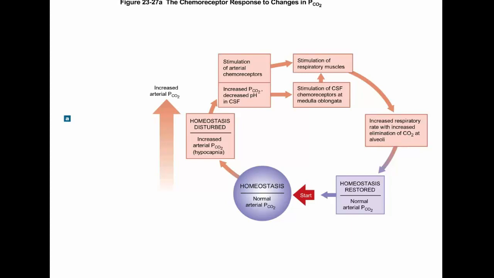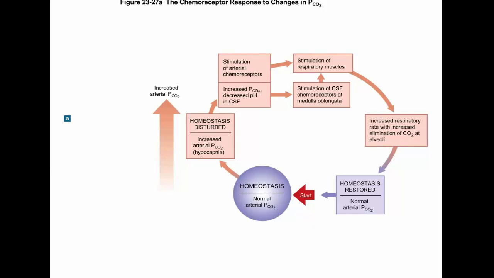This stimulation causes an increase in respiratory rate, and this increase in respiratory rate eliminates that rise in partial pressure of carbon dioxide in the alveoli, and now homeostasis is restored because we're back down to normal arterial partial pressure of carbon dioxide. So we can see how that feedback cycle begins.